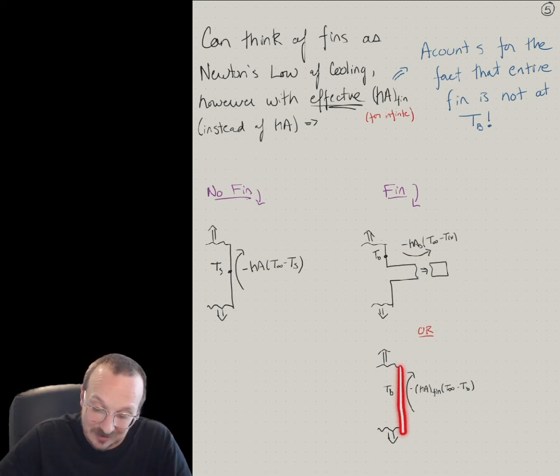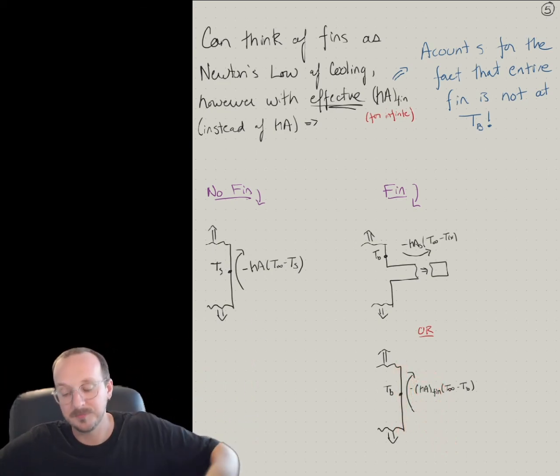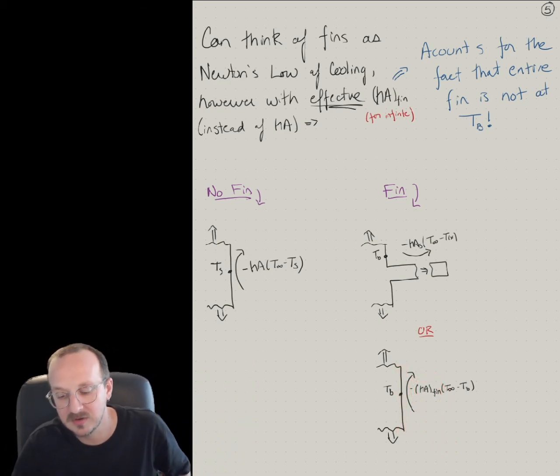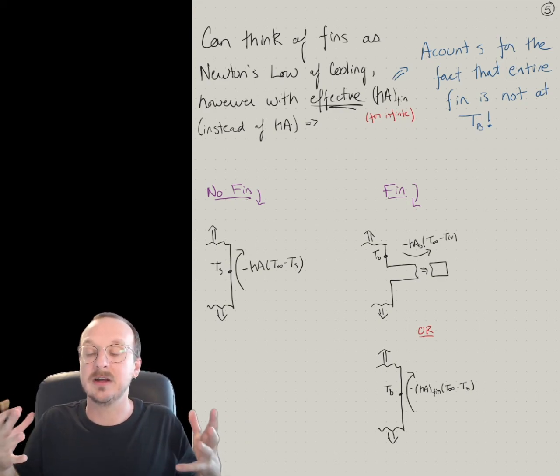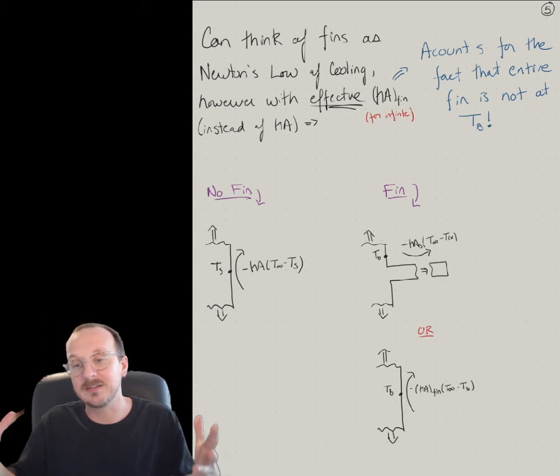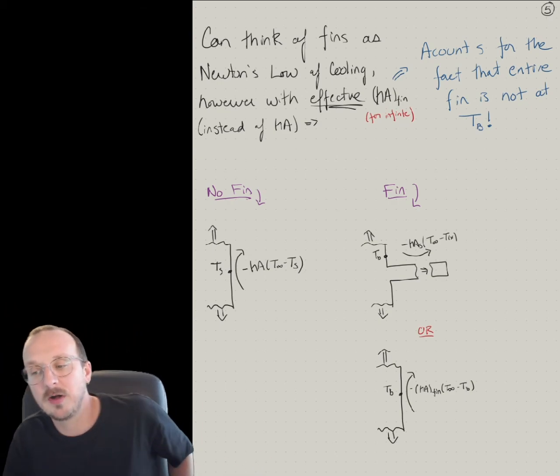Then this entire surface would be at Tb, and you would use an hA effective, which accounts for the fin. Does that make sense? You're basically representing, instead of a temperature profile, an effective temperature and an effective hA to account for the complex temperature profile down the fin.